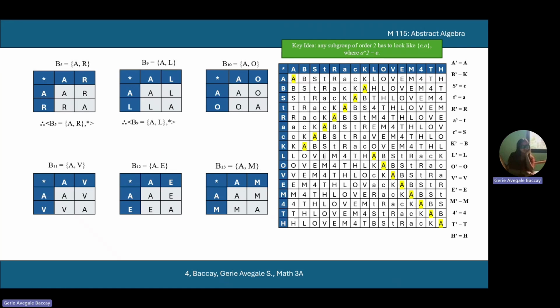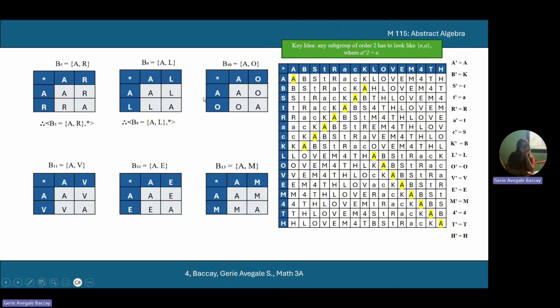We know that each non-identity element is its own inverse. Therefore, that already means it has the identity, it's closed, and each element has an inverse.